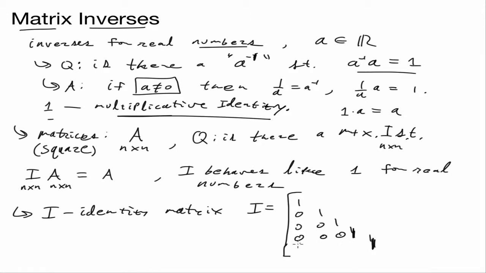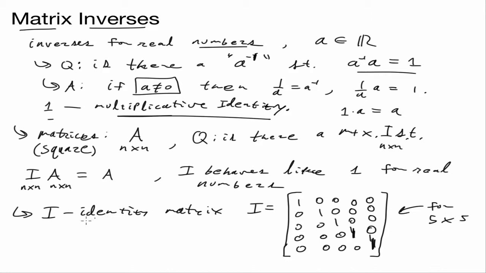There we go. And then there's zeros everywhere else on the off diagonals. All right. So this is for 5 by 5. Of course, for other dimensions, you just have fewer entries. So basically, a diagonal of 1s. And that's what makes an identity matrix.